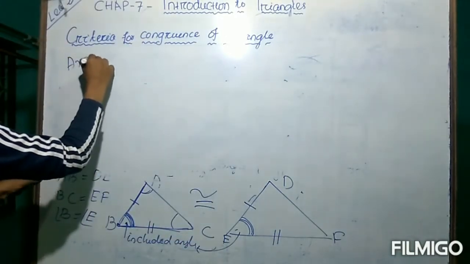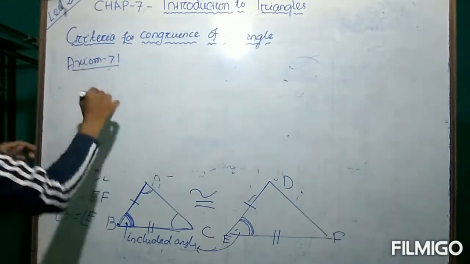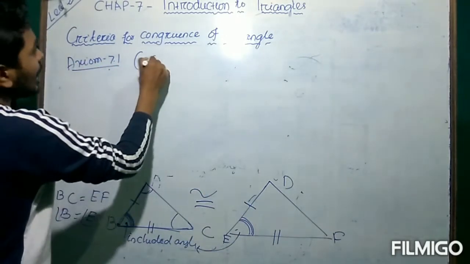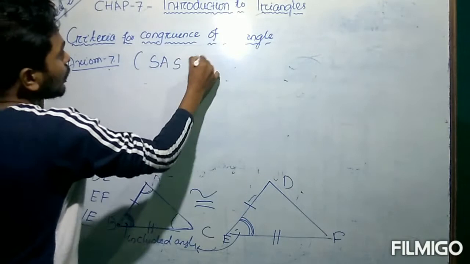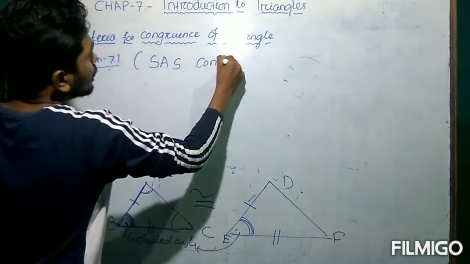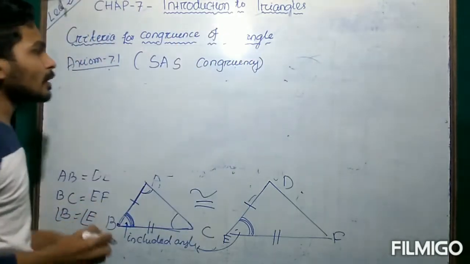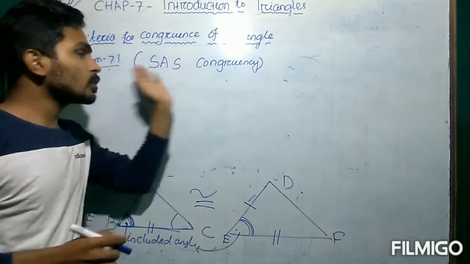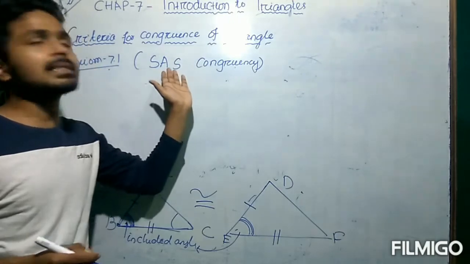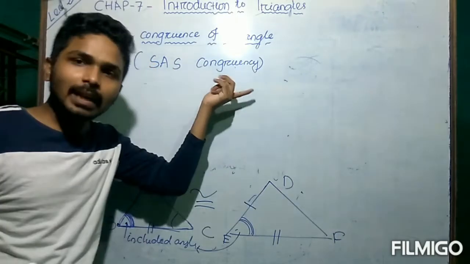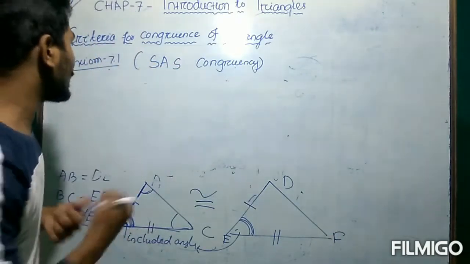Axiom 7.1 is also known as SAS congruency. Why is this known as SAS congruency? Because through the SAS criterion, two triangles will be congruent. That is why it is known as SAS congruency.